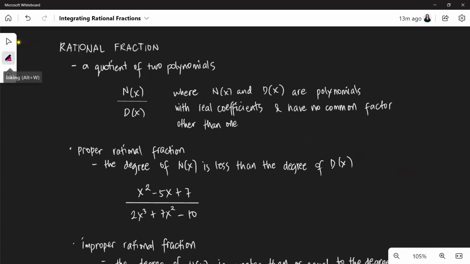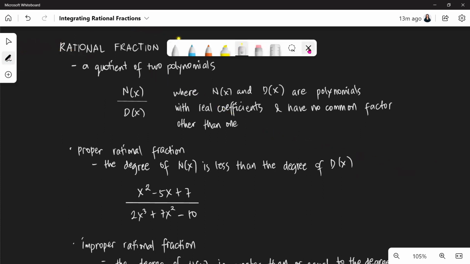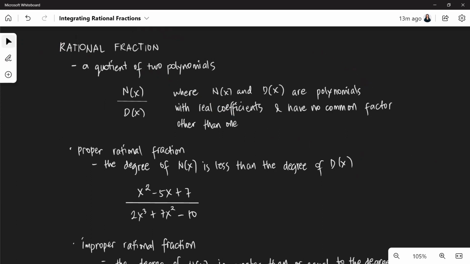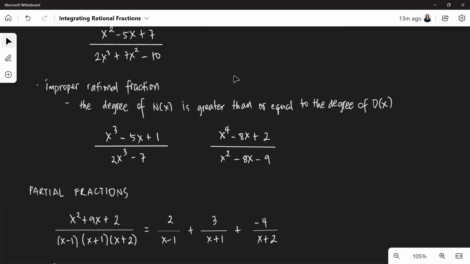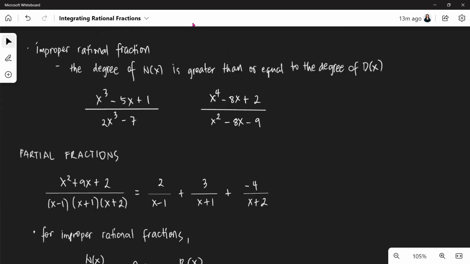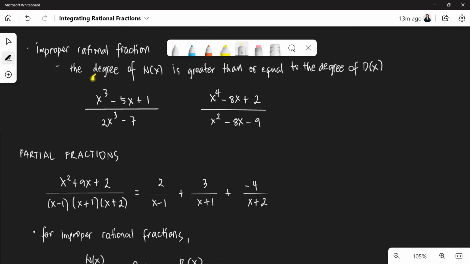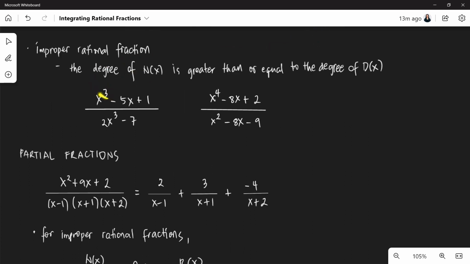So if we have N of x and D of x, it's again an improper rational fraction. Here we have an example. The degree of the numerator here is 3, and the degree of the denominator is also 3.